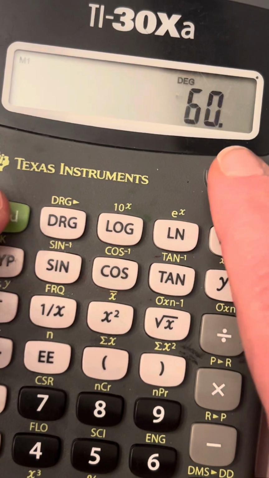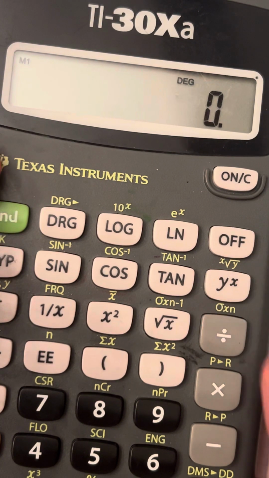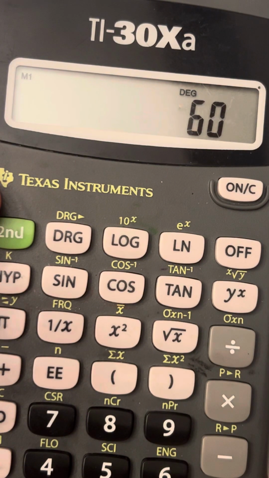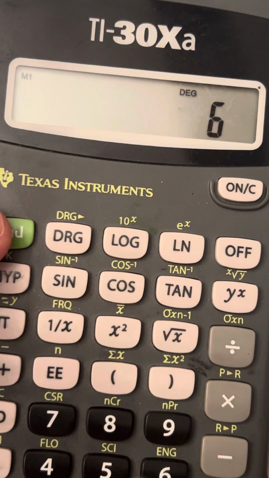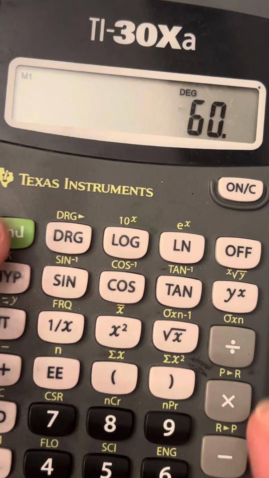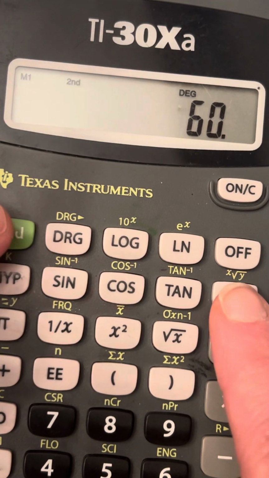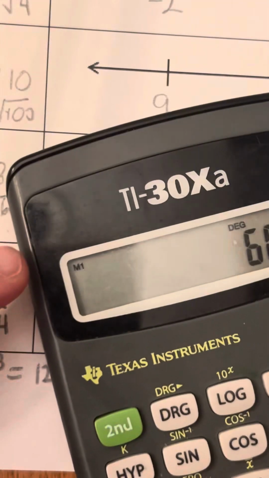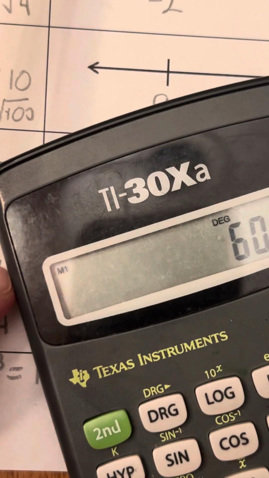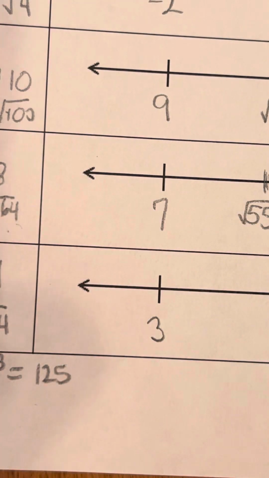All right, let's try that again. Let's try hitting this first and then doing 60. Some of these calculators are different. Nope, apparently that doesn't work. I don't know what's going on with this. This does not seem to want to cooperate. That's weird. Okay, never mind. I don't know what I'm doing wrong here, but whatever.